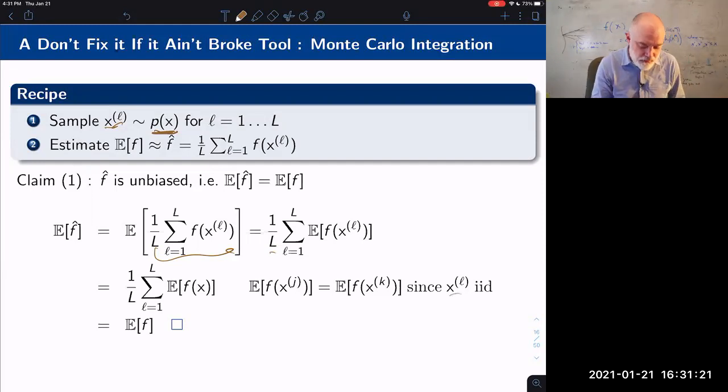But since the x_l are, by design or by assumption, and I should put that here, that's pretty important, since the x_l are IID, then the expected value of all of these things is the same, so we might as well just refer to it as an x. And there are L of them, and these two things cancel, and that's just the expected value of f.